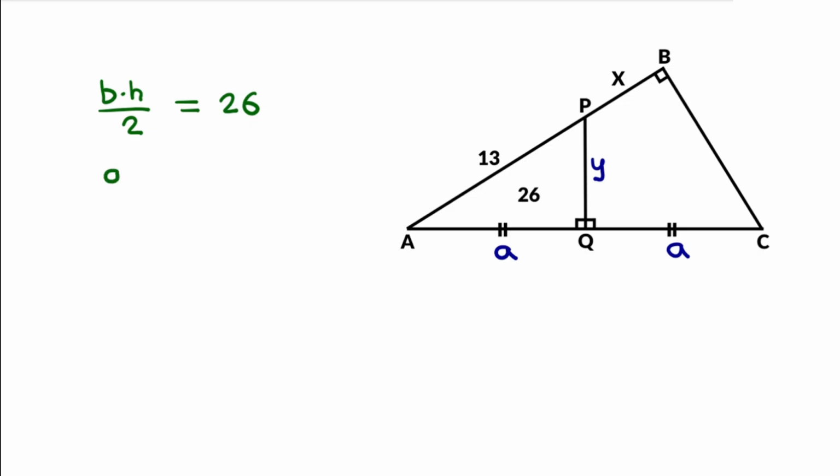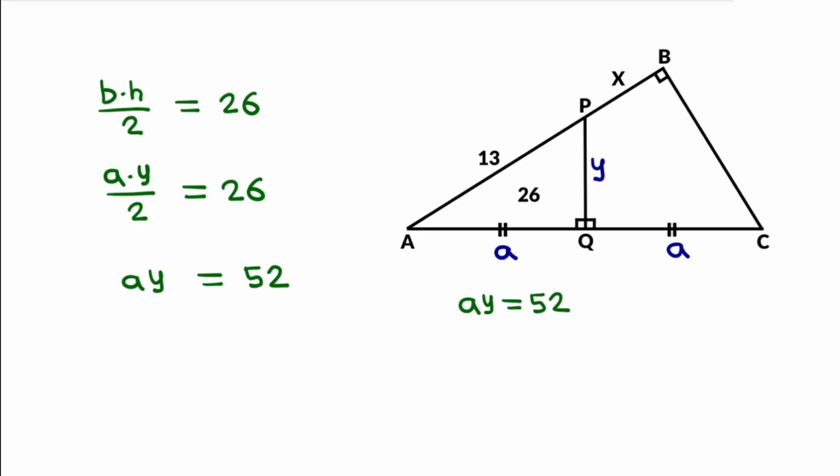So, A times Y over 2 equals 26. Multiply both sides by 2, and we get A times Y equals 52. That equation is going to become very important later.